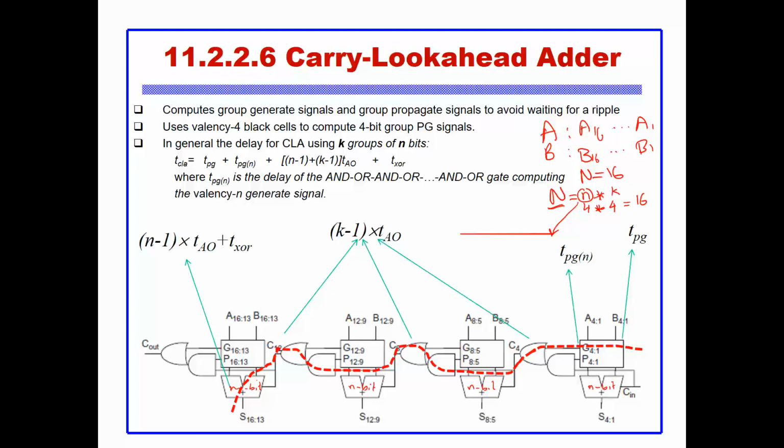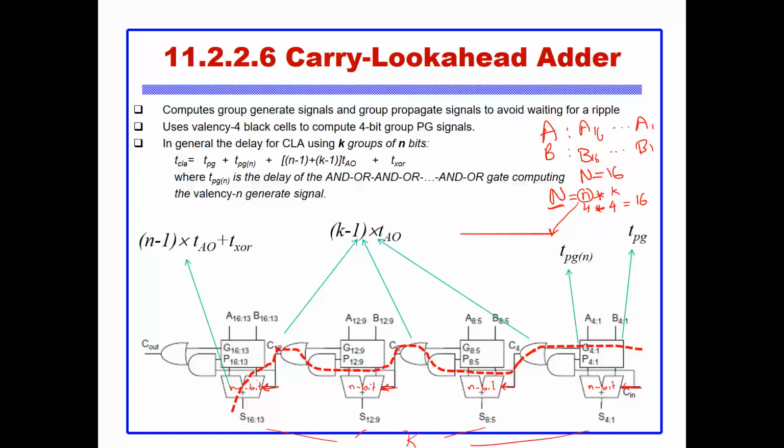I need 4-bit, 4-bit, 4-bit adders, so I need k of those, the small k. So I need k n-bit adders. Then I connect them such that every one of them receives a carry, and it assumes as if it is a 4-bit adder with its own carry.